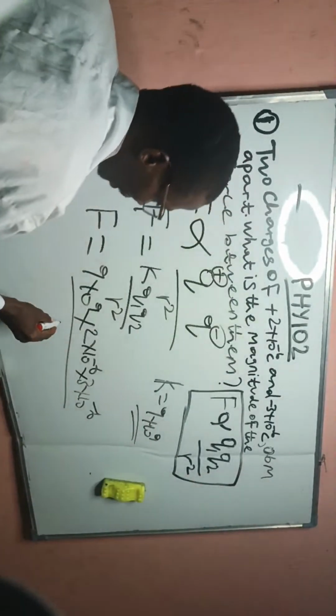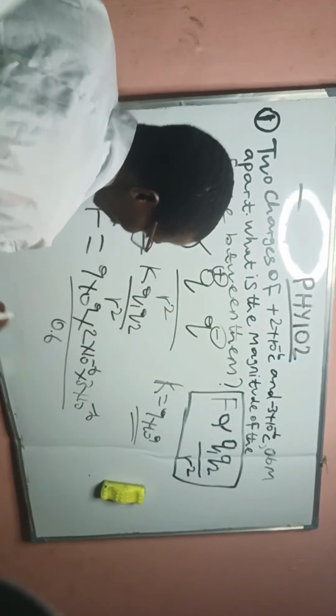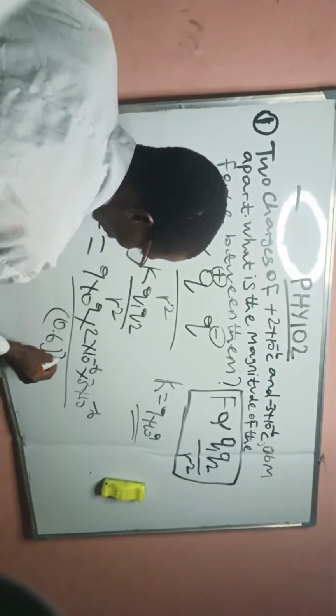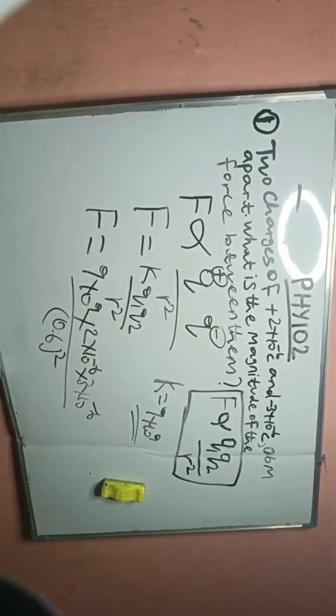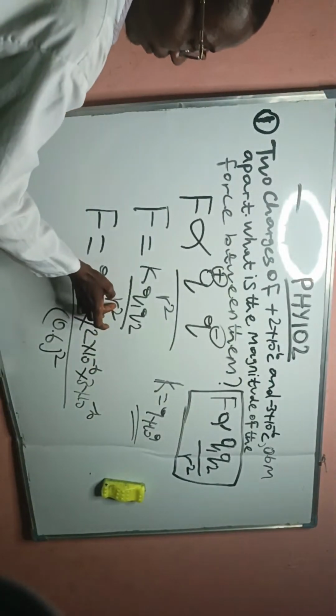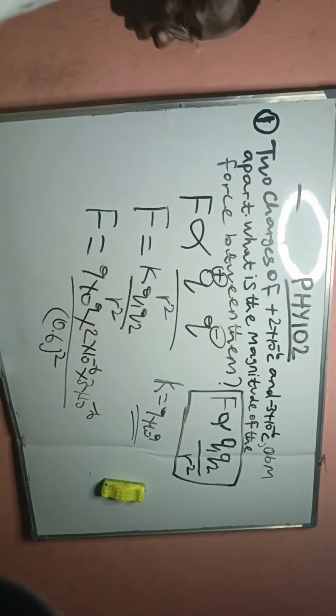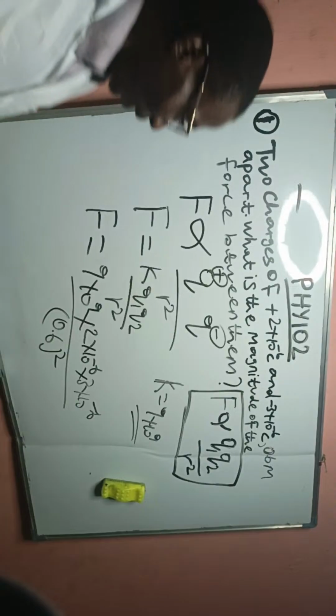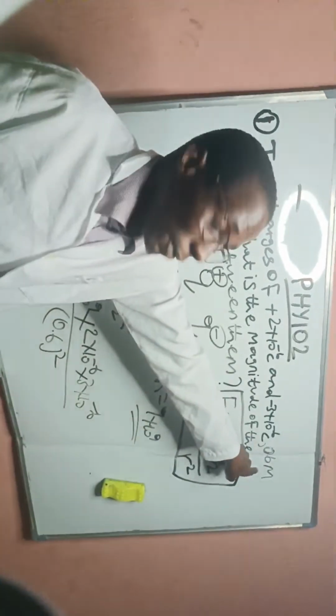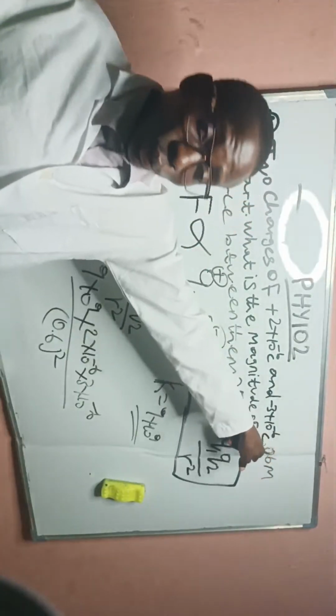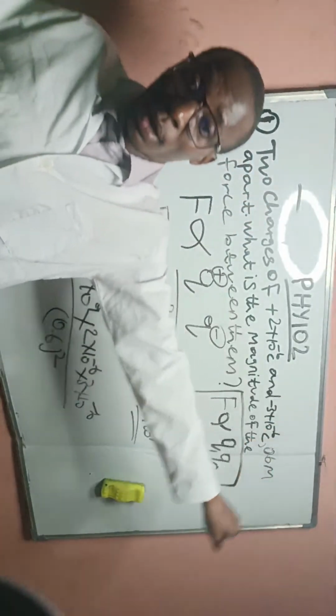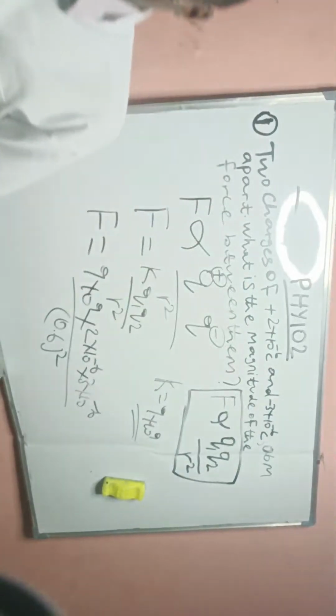So here we are having 0.6, put everything to the power of 2. Why are we raising it to the power of 2? Because the value of r here is squared. Remember, this is in meter. If you are given it in centimeter, convert it to meter by dividing everything by 100. Take note of that.